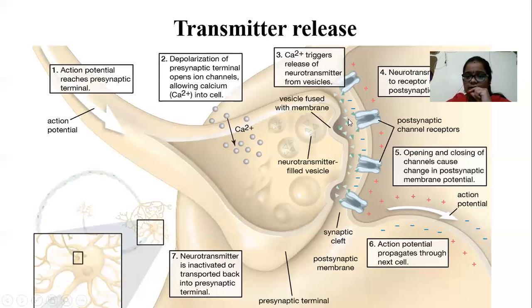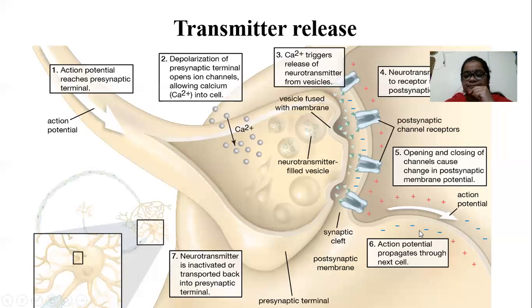After binding, the channels in the receptor open and close. Then there is a change in the postsynaptic membrane potential. The membrane potential in the postsynaptic neuron changes.